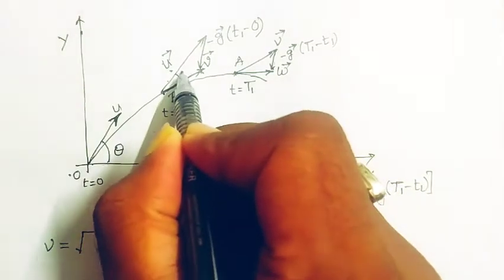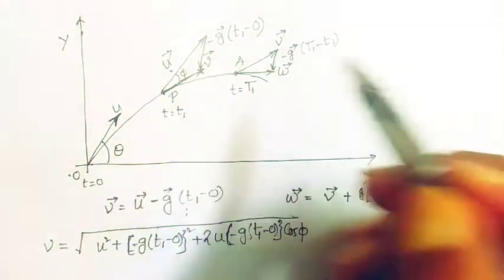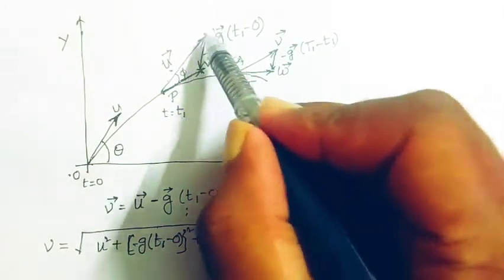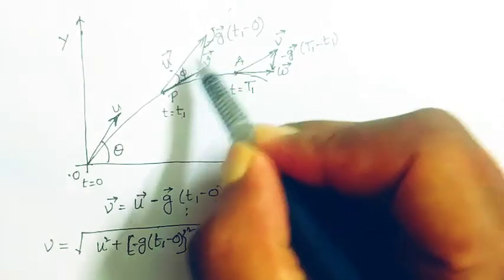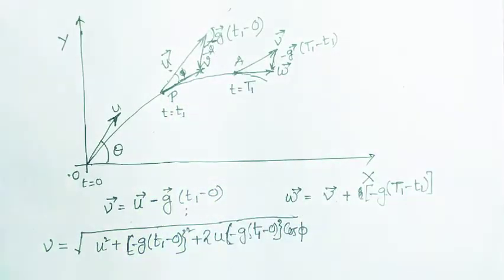This is the angle between the u vector and the minus gt vector. This is the direction of the u vector and this is the direction of the gt vector. So this angle will be the phi. Clear? So we can easily find out the magnitude of the velocity at a certain point. Clear? Similarly, we can do it for w.